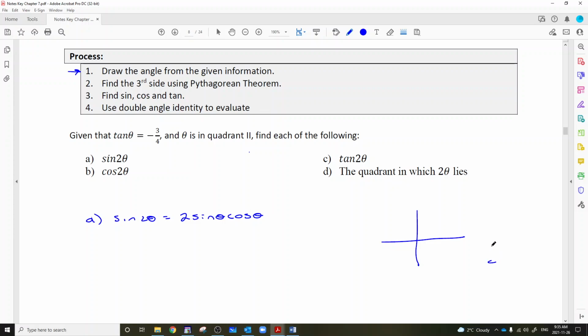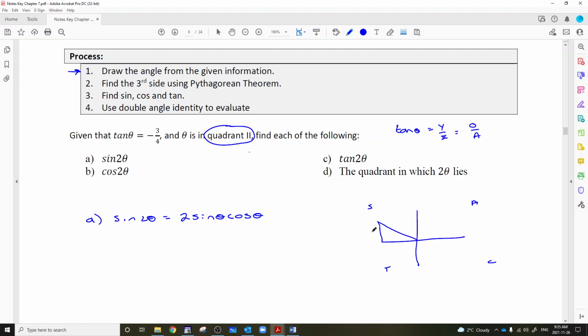Now, if we think back to our CAST rule, tan is negative in quadrants 2 and 4. Because of that, they'll always tell you which quadrant to put your answer in. So they've told me to draw my angle in quadrant 2. If tan theta is equal to -3/4, tan theta, we know, is y over x, or opposite over adjacent, whichever one.